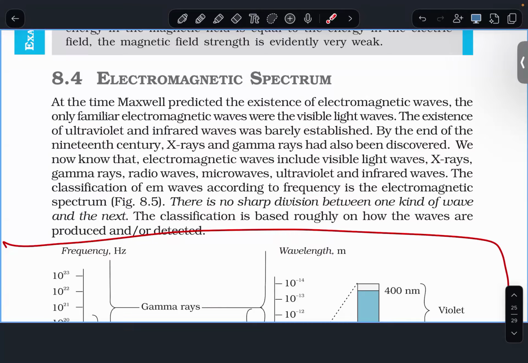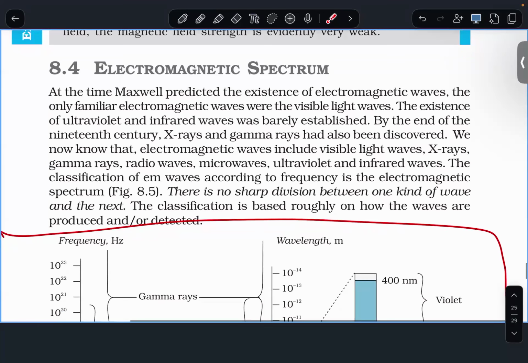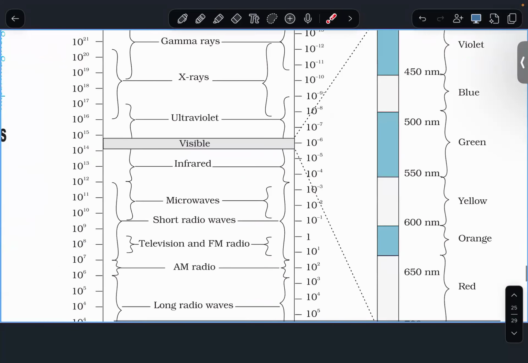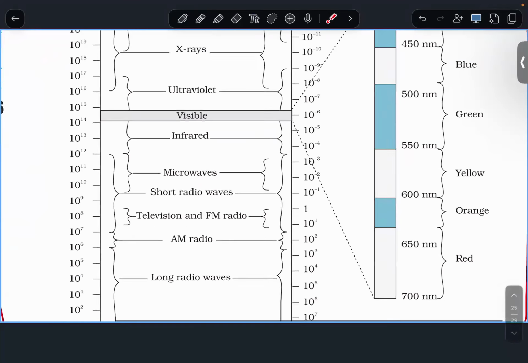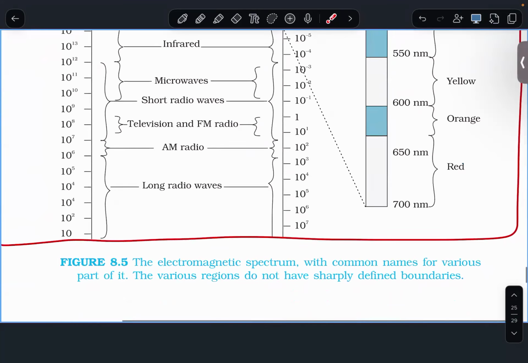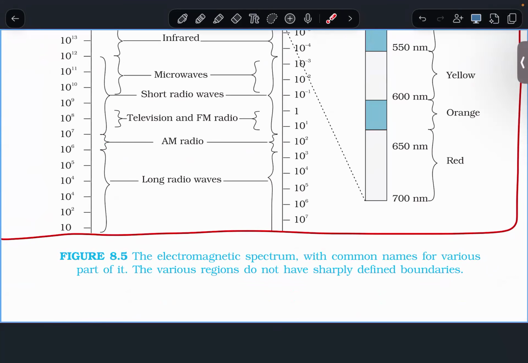You know, a spectrum is an orderly arrangement of something. According to the wavelength, they were arranged. Starting from gamma rays, followed by X-rays, followed by UV, followed by the visible region, followed by the infrared region, followed by microwaves, followed by radio waves, etc. That is the order of wavelengths, shortest to longest.